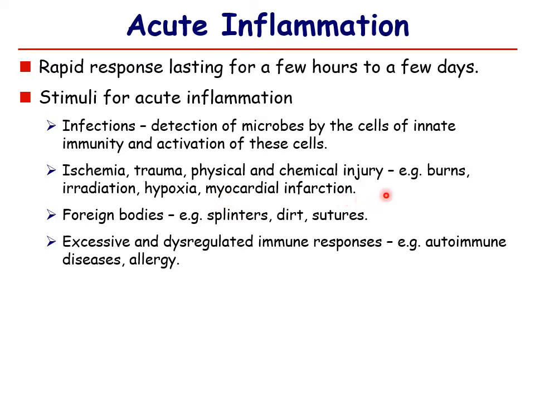The simple presence of foreign bodies, such as splinters, dirt, and sutures from surgery, can also induce acute inflammation. And finally, excessive and dysregulated immune responses that occur in autoimmune disorders and allergic responses induce acute inflammation.